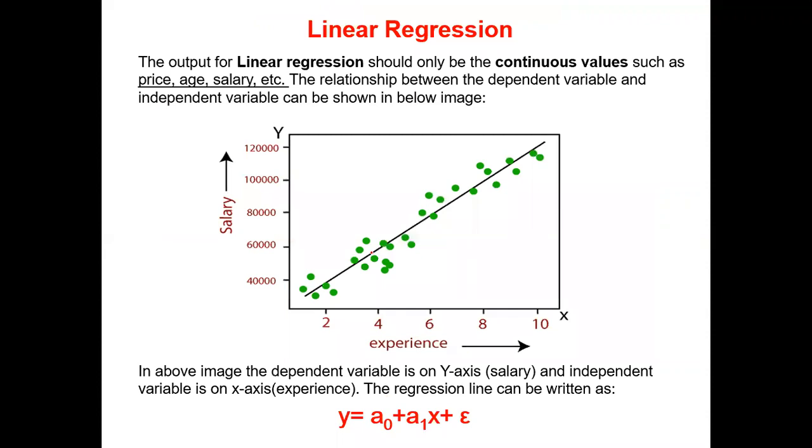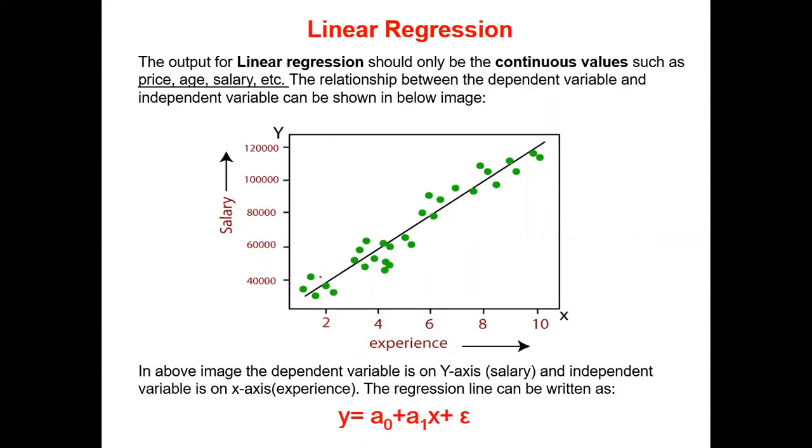Now see what we use to solve linear regression problems. In linear regression, we find the best equation of the line that best fits all the data points given in the data set. If you observe, students, my data set is two-dimensional: experience and salary.